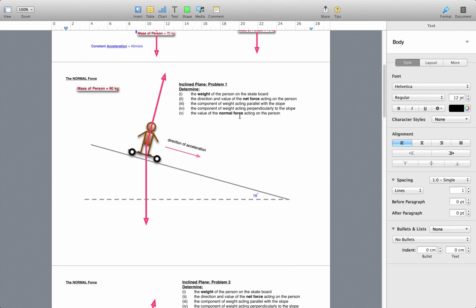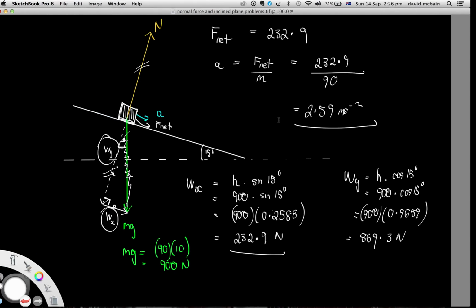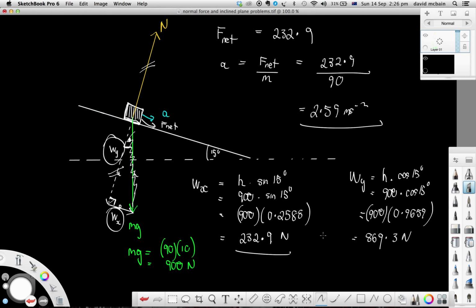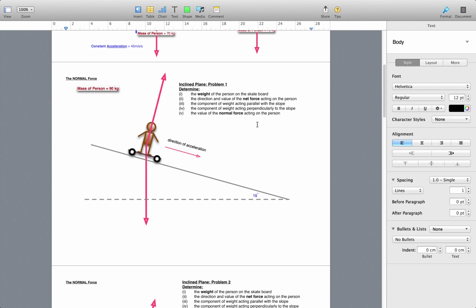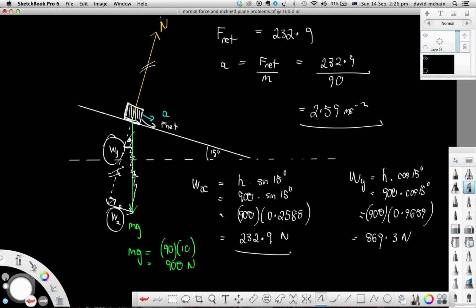The component of the weight acting perpendicular to the slope, well, that's this one, Wy, and we worked that out to be 869.3. And finally, the value of the normal force acting on the person, well, the normal force must be the same as Wy, so the normal force would also be 869.3 newtons.